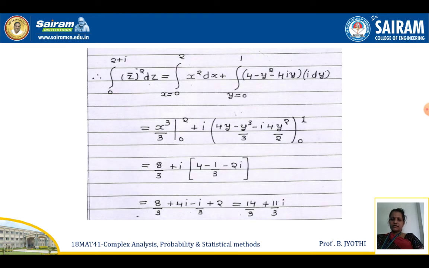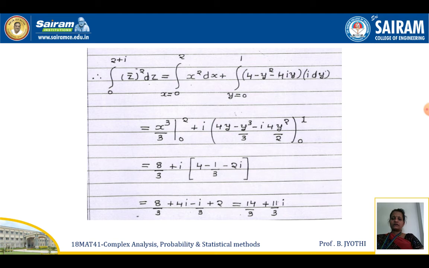Next, we get the integral as first integral, since there will be no variation in y because it is moving along the x-axis only. So x is varying from 0 to 2, it is x square dx, plus in the second curve, that is P to Q, along the PQ curve, it's only y which is varying, that is y is 0 to 1.